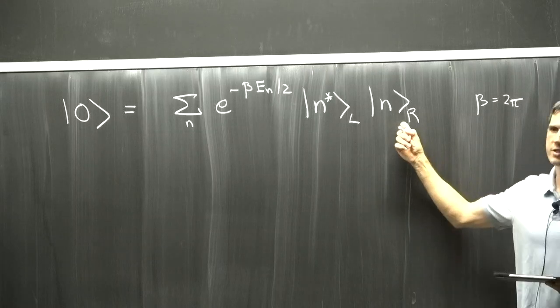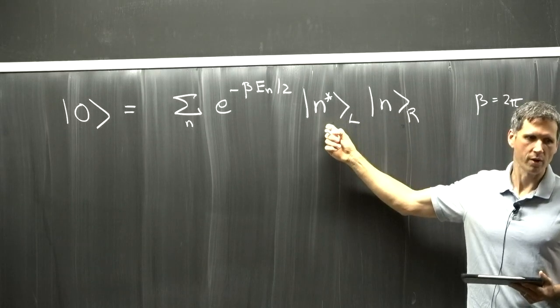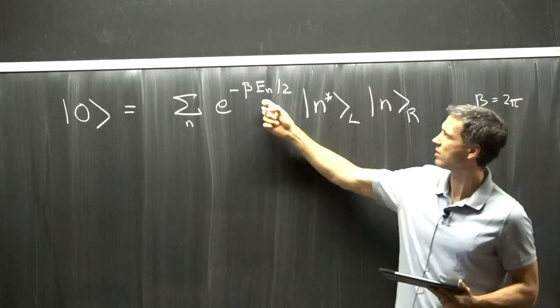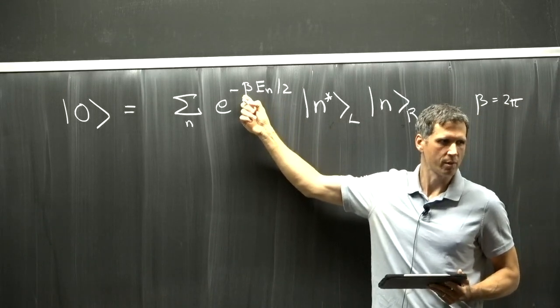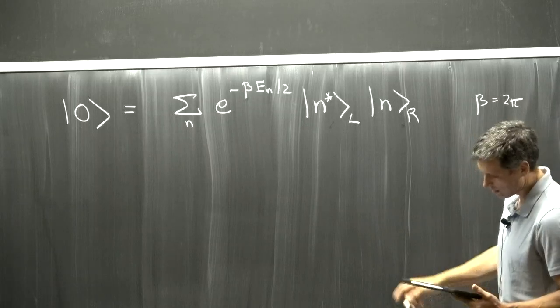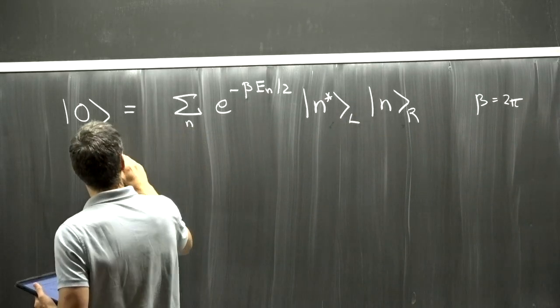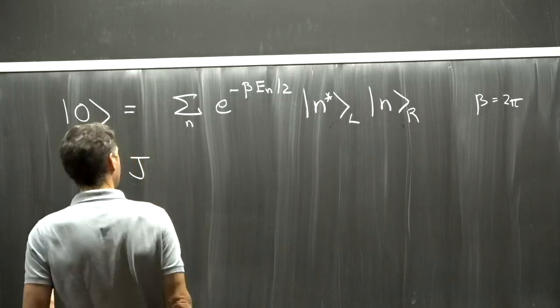So these are states in the right Rindler wedge. These are states in the left Rindler wedge. The Rindler temperature is 2 pi. Inverse temperature is 2 pi, but I just put a beta there. The star is the CRT conjugate.